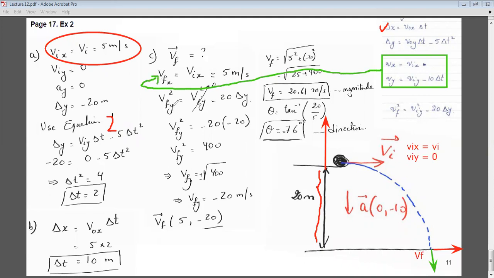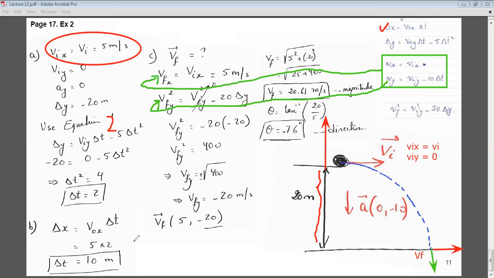Now, for VFY, I have to use this equation. It's equal to V initial y minus, I use the last equation. Actually, I can also use this equation because VFY will be minus 10 times delta t that I've calculated. So I would get the same answer.